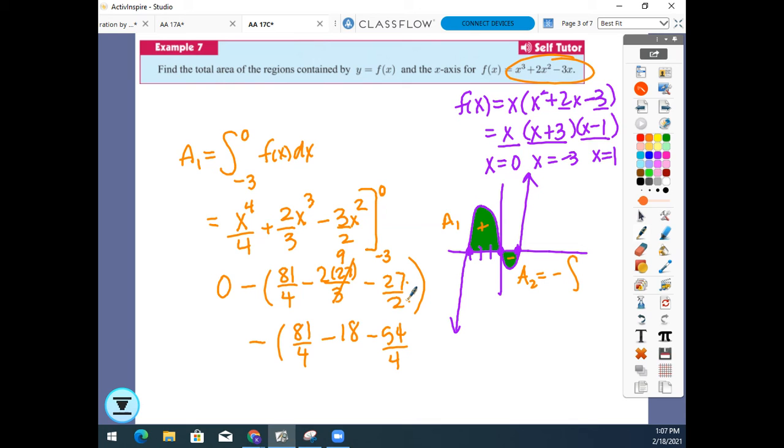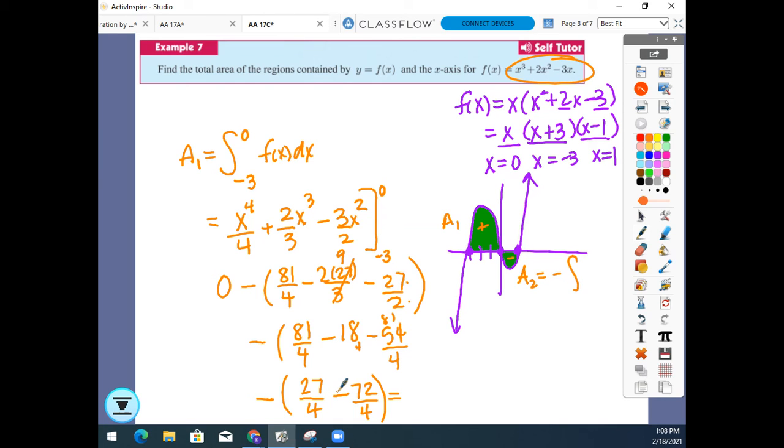Then, all right, so 81 minus 54, that's 27/4, minus, all right, let's take this times 4, so that's 72/4. So we can see this is negative. So this will be the opposite of a negative.